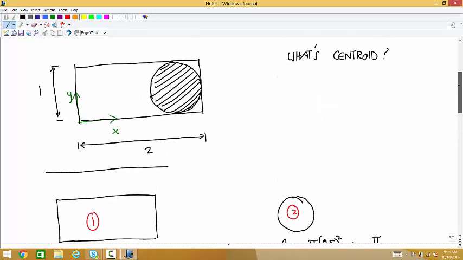And what's the centroid of the circle? 1.5, right? The diameter is 1, so the radius is 0.5, so it's 2 minus 0.5. But yeah, so 1.5, 0.5.